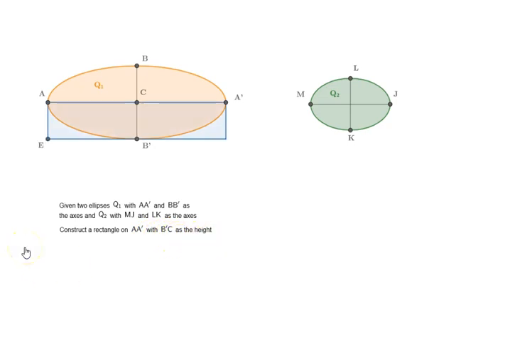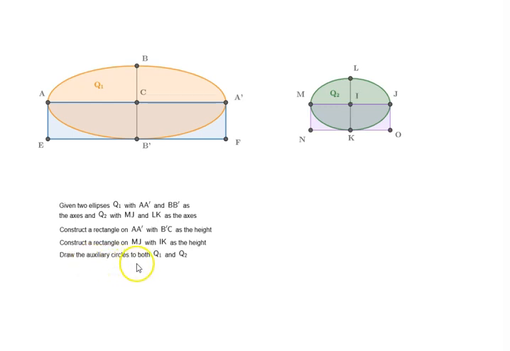Let's mark these points as E and F. Similarly, let's draw the rectangle under MJ and let's name these as N and O. Construct a rectangle on MJ with IK as the height. Here, this point is I.